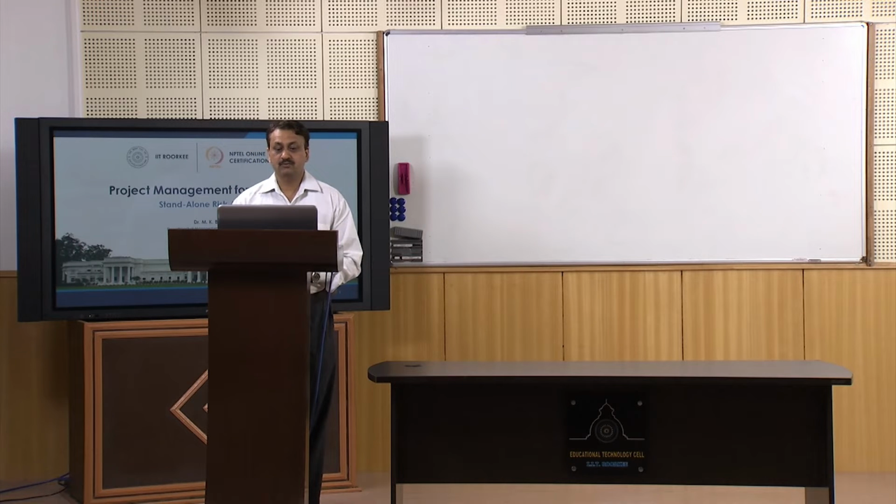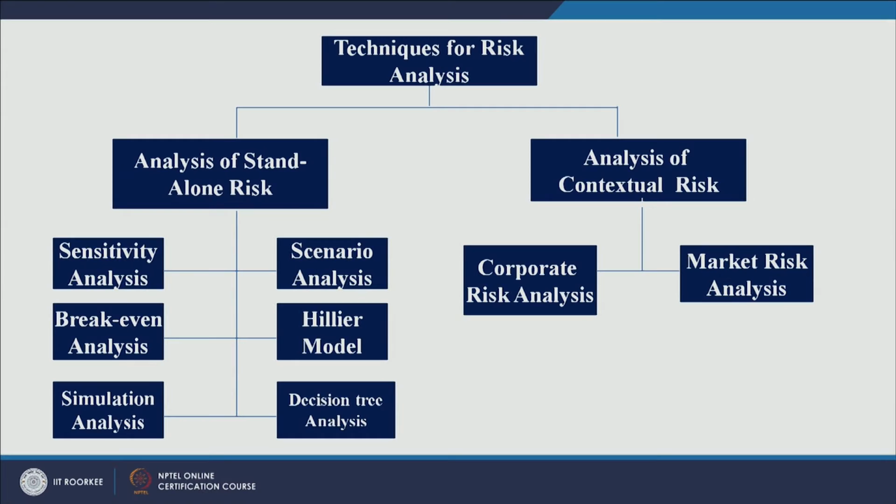So, these are two broad categories. You have analysis of standalone projects and analysis of contextual risk. In contextual risk, let us say you are analyzing all the projects in that particular firm, and you are also analyzing the effect of market forces on those projects, right.